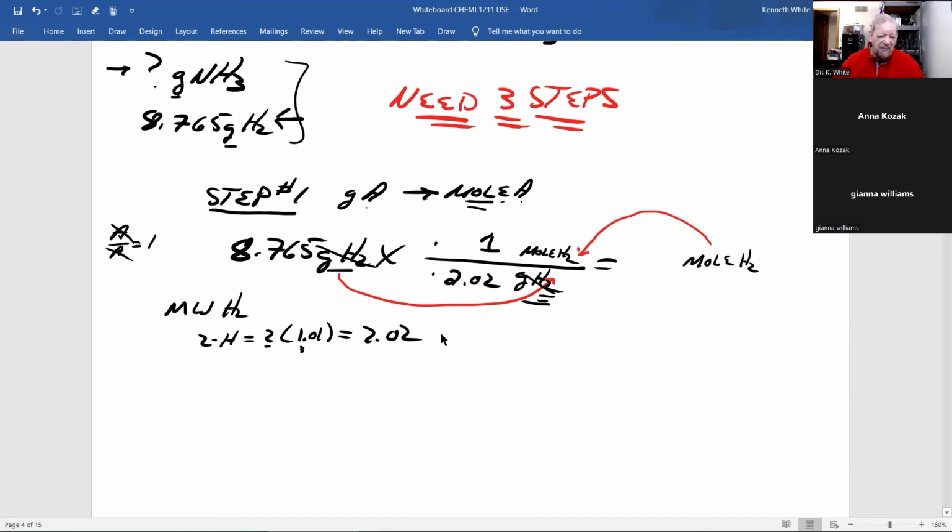And now I can pick up my calculator, clear it, 8.765 divided by 2.02. And my calculator gives me this number, times 10 to the 0, which means it's that. And obviously that's not correct.